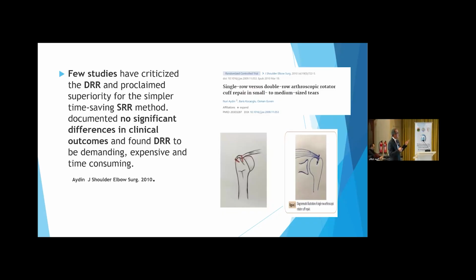A few studies have criticized the double row and proclaimed the superiority of the single row method, reporting no significant difference in clinical outcome, and found the double row technique to be demanding, expensive, and time consuming.